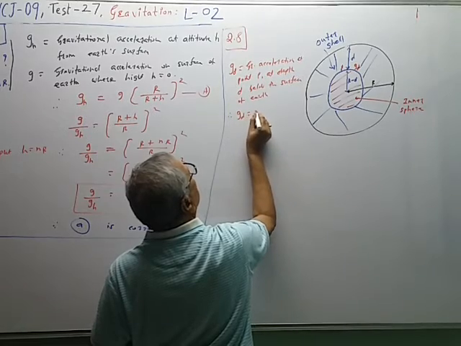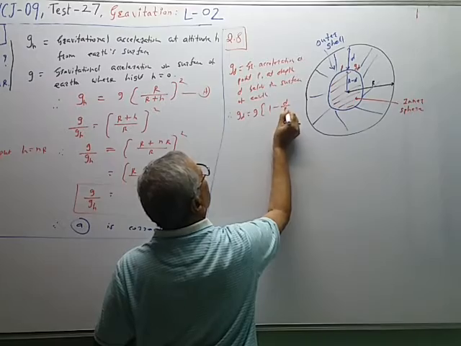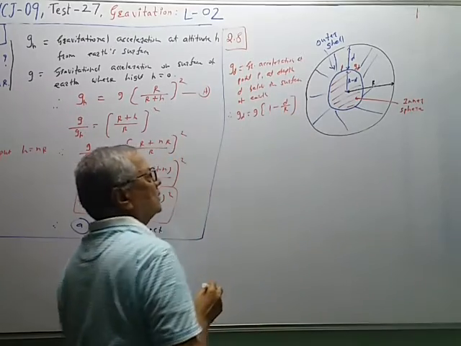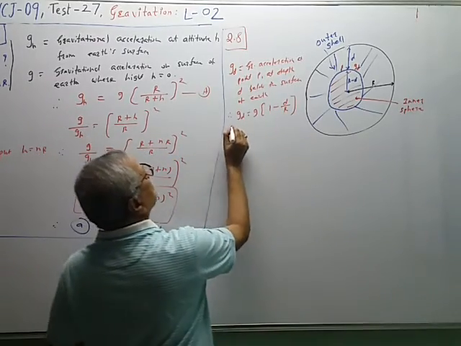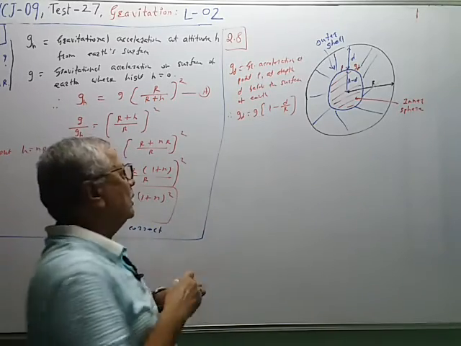Therefore, gd is equal to g into bracket 1 minus depth D upon R, where R is the radius of the earth.